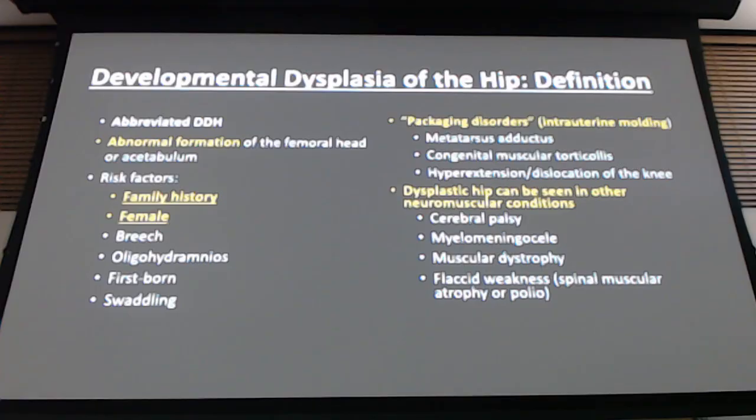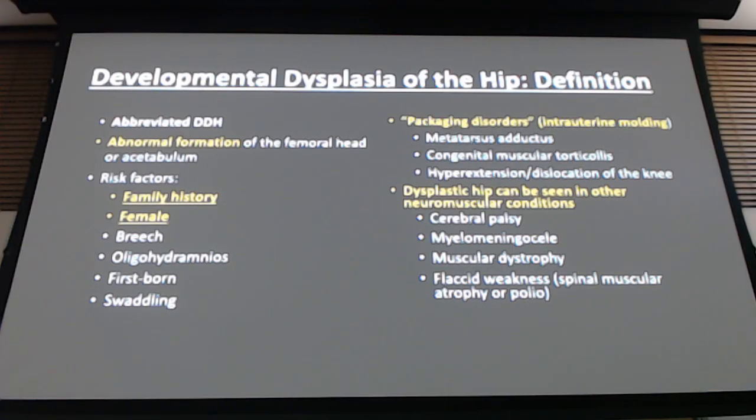So developmental dysplasia of the hip. When we talk about developmental, is it intrauterine? Yes. So stay with that. It's as they were developing in the womb. Make sense? So they come off the chute like that. It's abnormal formation of the femoral head or acetabulum.